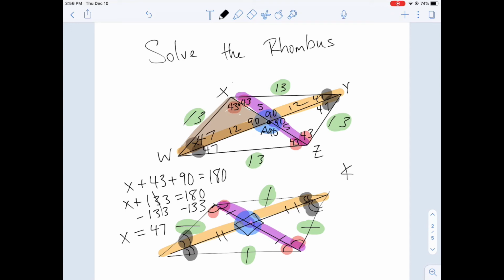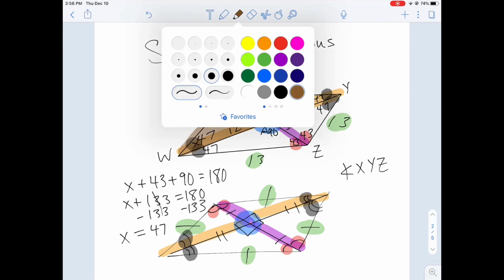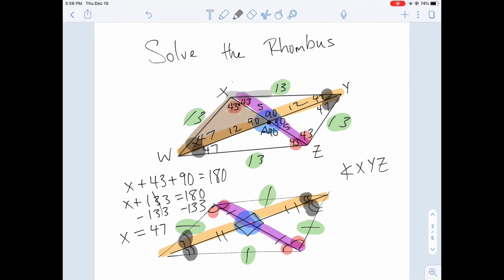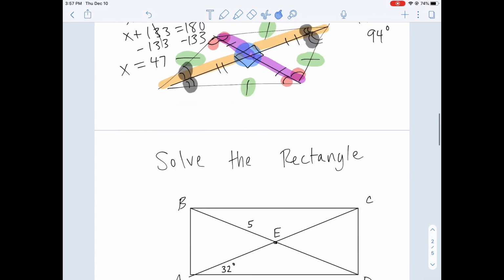So for example, if I wanted angle XYZ, you have to be careful because that's this whole angle. So that's the 47 plus 47. So that's going to be 94. So just pay attention to what they're asking for. Okay. So that's a rhombus.